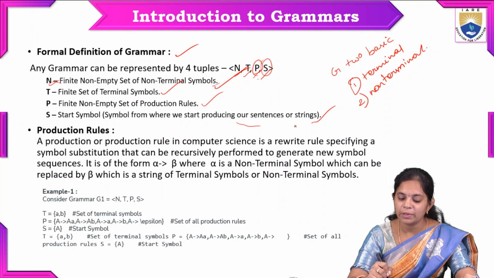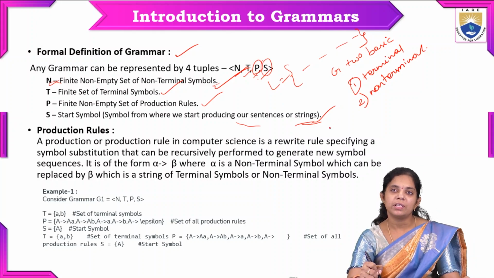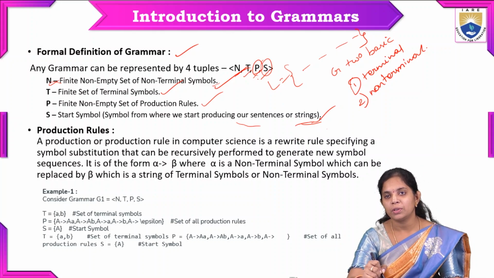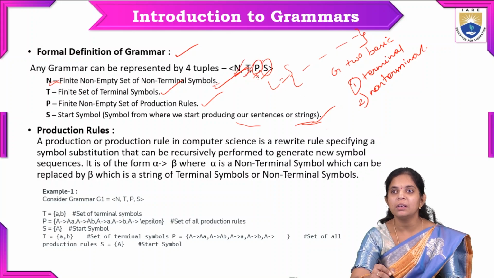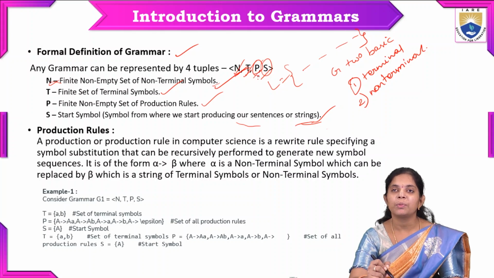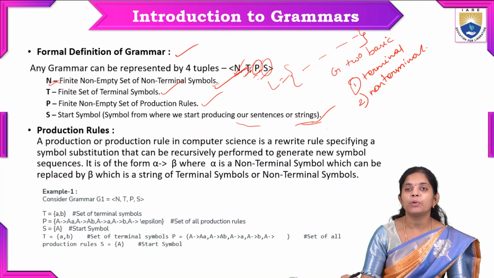The language has strings. So in the definition, the four tuples are: non-terminal symbols, terminal symbols, P for production rules and S for start symbol.